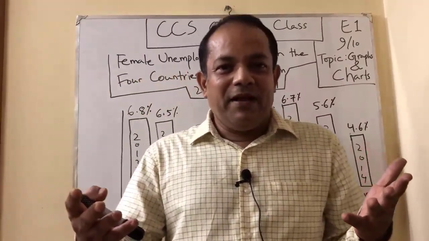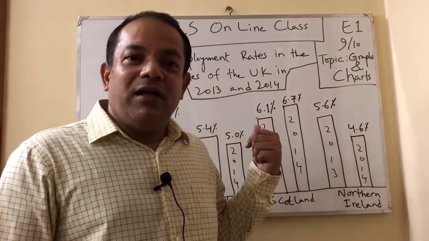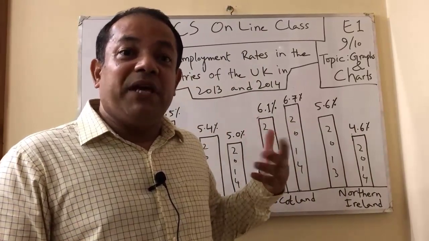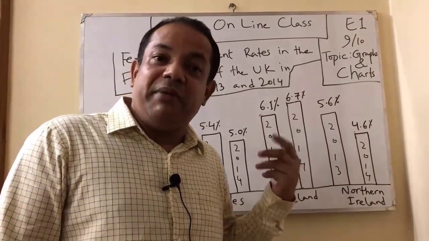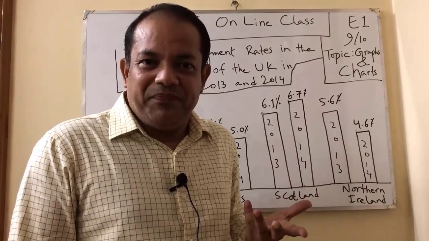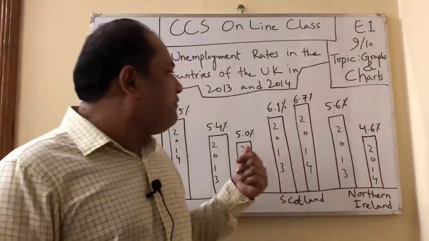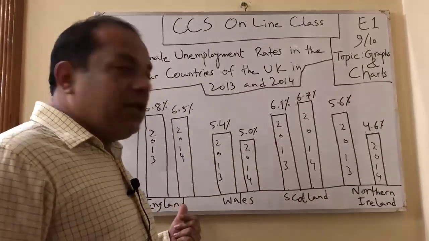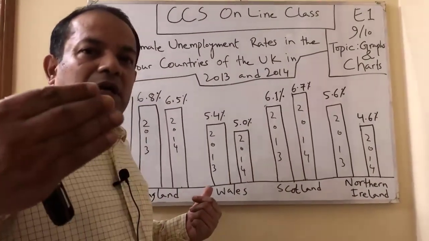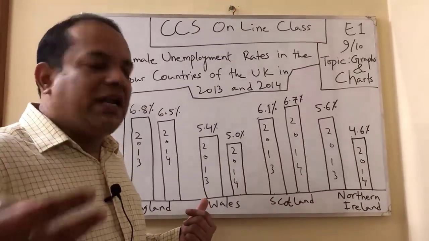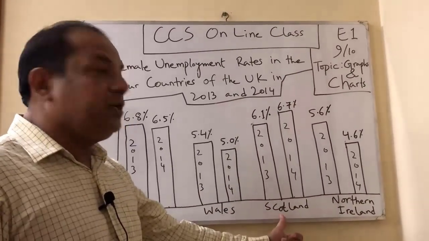For example, here, where the rate became highest and where the rate became lowest. But here we have compared 2 countries with one another, England and Scotland, in our overview.